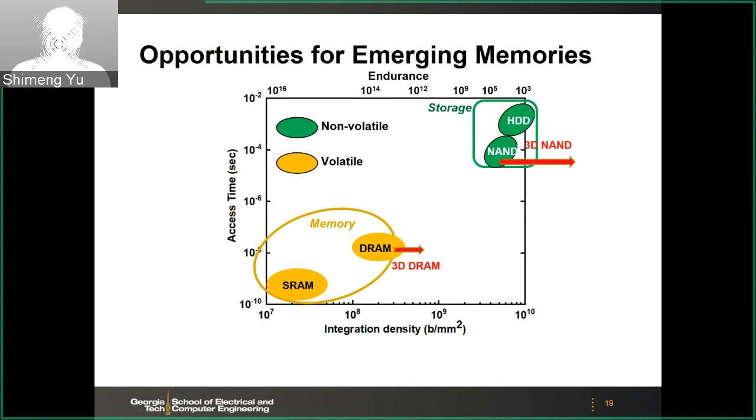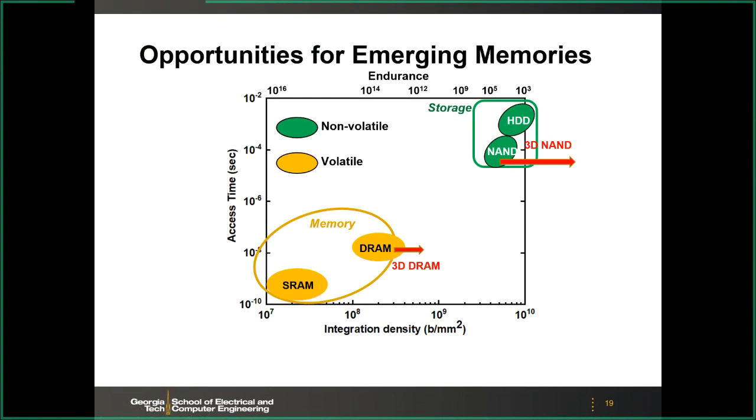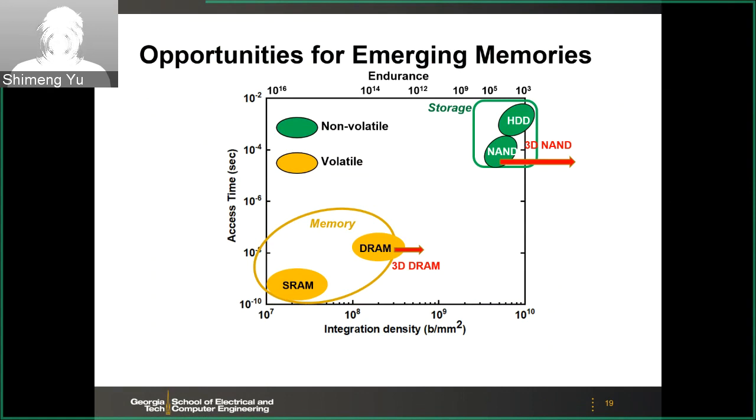So if we can improve the NAND flash and DRAM, what would be the trend? Today, the memory industry is still improving DRAM and NAND, not necessarily performance, I would say density, by 3D integration. You can have DRAM or NAND flash stacked vertically, so on the same 2D footprint, like 1 square millimeter, you can pack more bits together by utilizing the third dimension.